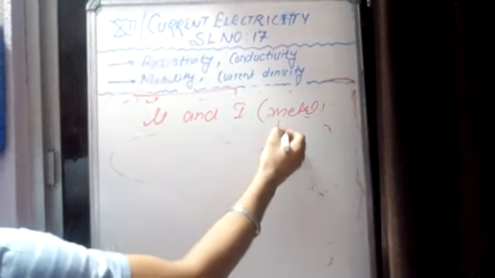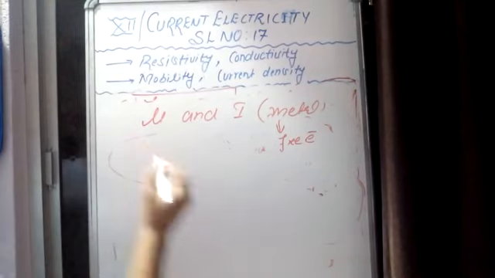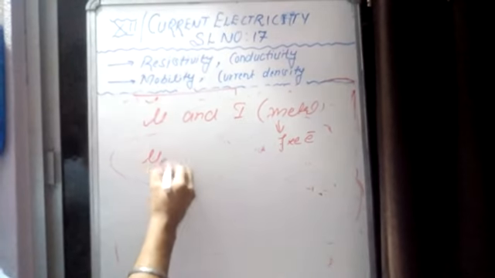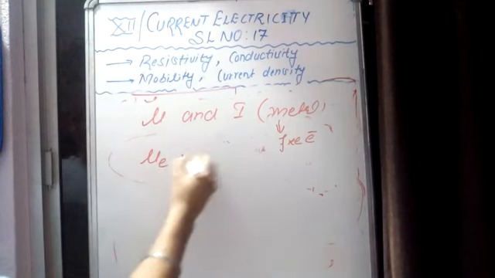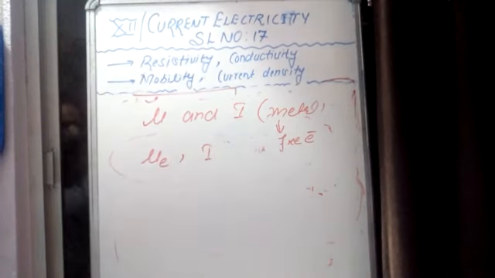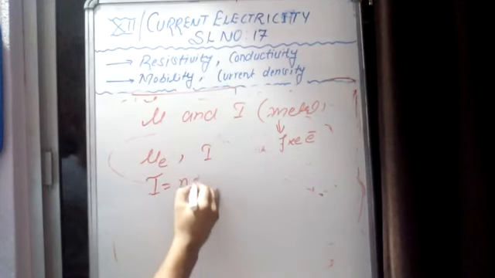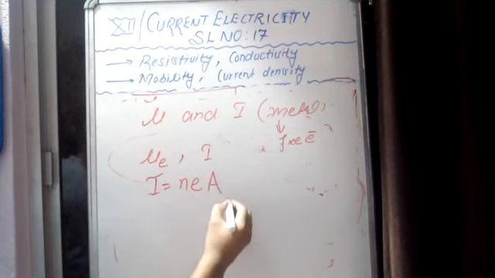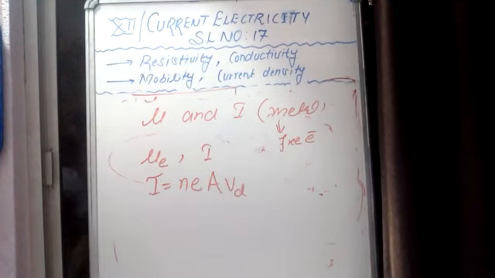In metals, free electrons are the charge carriers. Let us consider mu e is the mobility of free electrons and I be the current. Now we know, very important, I equals n e A Vd, where Vd is the drift velocity. This is equation number 1.